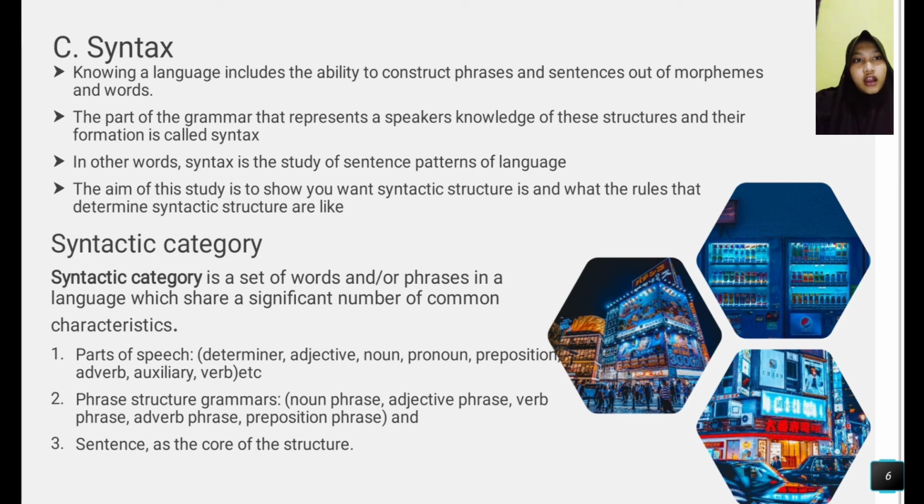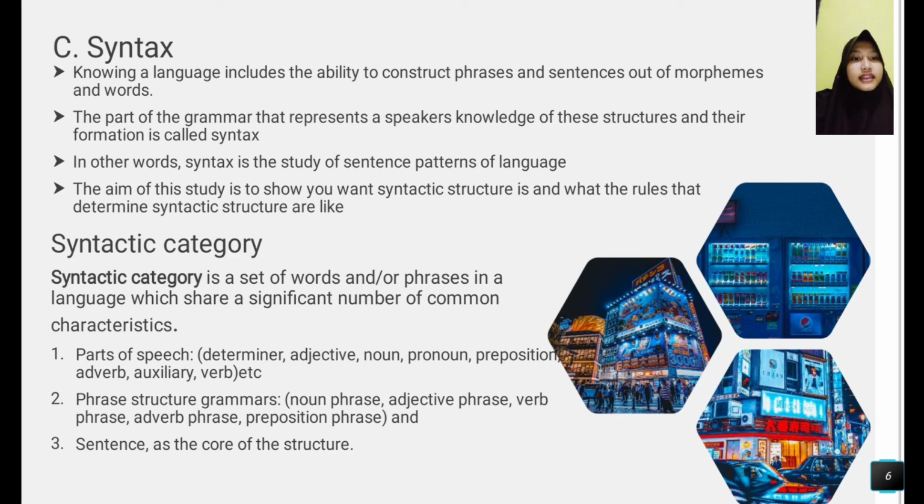And syntactic categories: one, parts of speech are determiner, adjective, noun, pronoun, preposition, adverb, auxiliary verb. Two, phrase structure grammar is noun phrase, adjective phrase, verb phrase, adverb phrase, and preposition phrase.